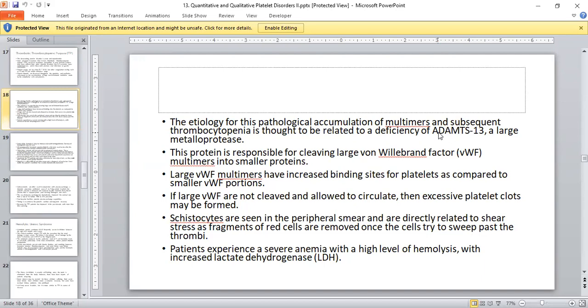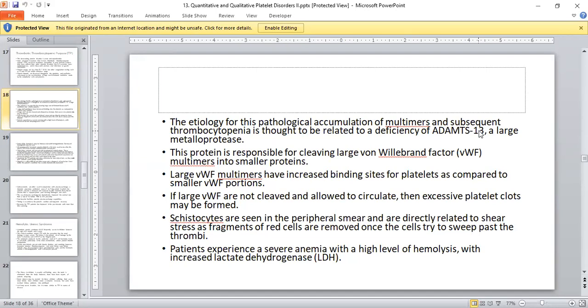It is usually responsible for the breaking down of the von Willebrand factor from large multimers into smaller proteins. So absence of ADAMTS13 leads to the formation of large multimers of von Willebrand factor instead of having it in small forms, like monomers or dimers.